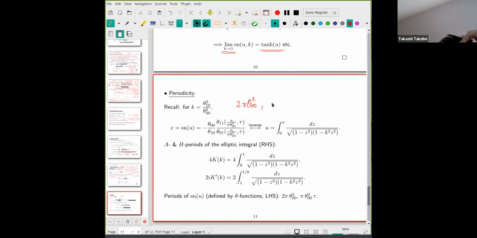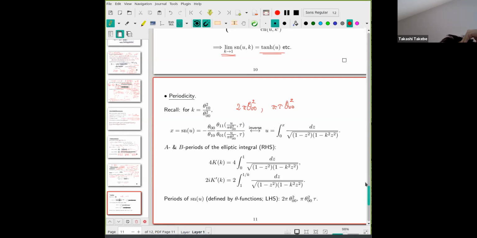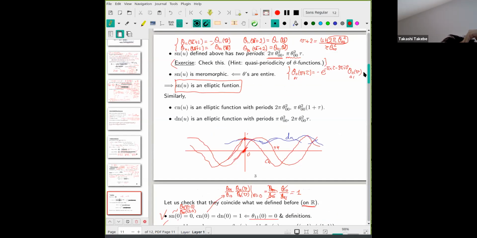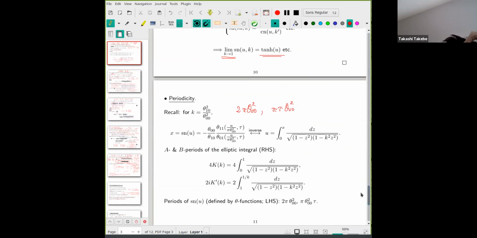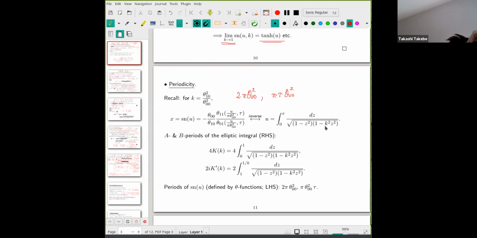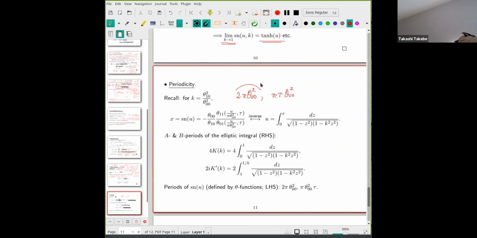The other is pi tau theta 0 squared, which we proved last time. And we want to prove that this is actually 4K, in the complete elliptic integral.